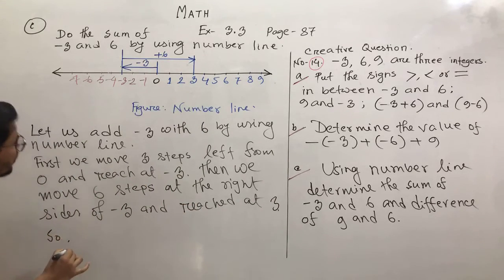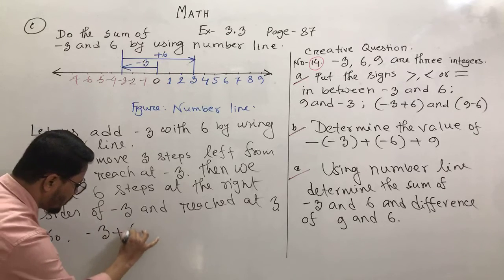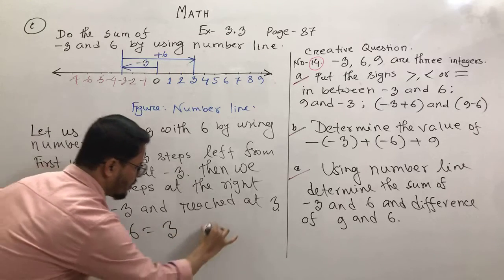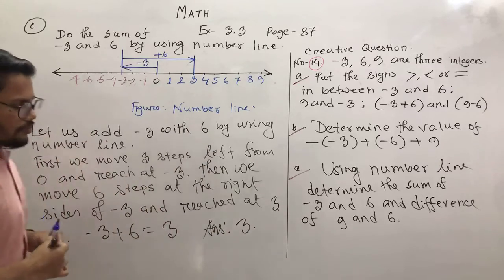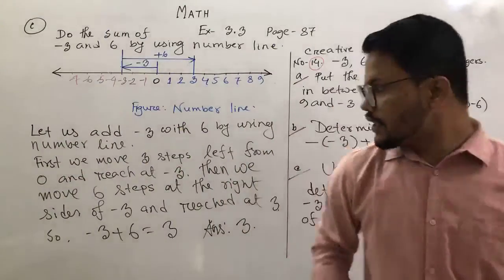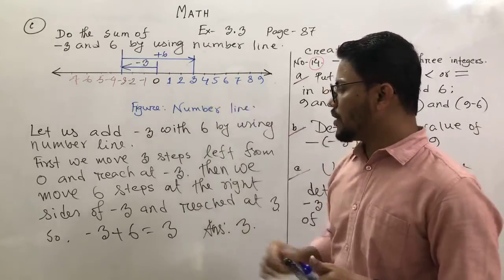So -3 plus 6 will be 3. The answer is 3. So my dear students, this is the proper way to write this step writing.